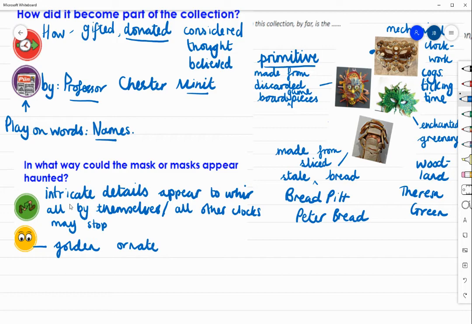So have a think about the language that you can use for the mask that you choose. You may have decided on one of your own. I've got a couple of words there for mine, and in a minute I'm going to go through the model of my mask to finish this paragraph of the museum guide.